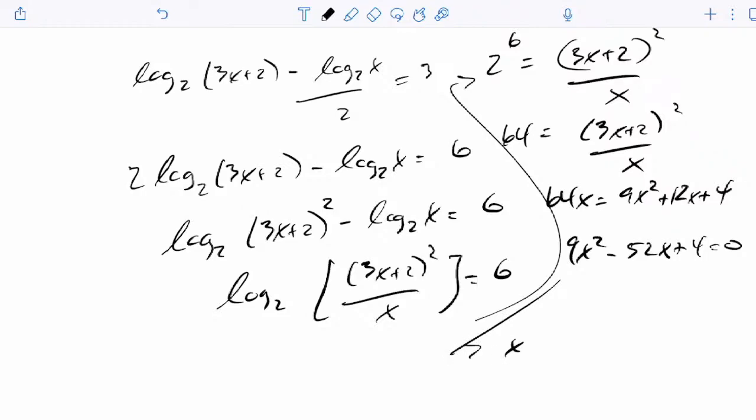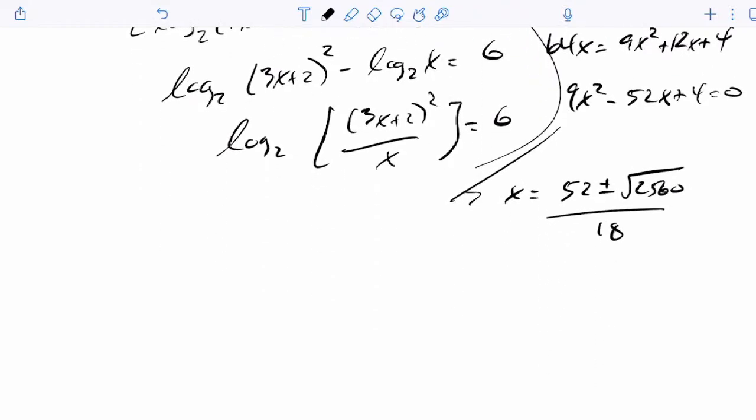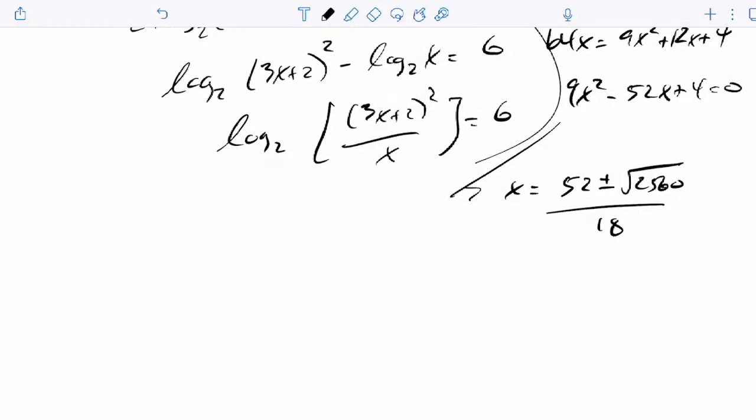So you end up getting here x is 52 plus or minus the square root of 2,560 over 18 if you do the quadratic equation. So you can factor out the root of 256 is 16. So this ends up being x is 52 plus or minus 16 root 10 over 18, which is exactly the answer I gave you.